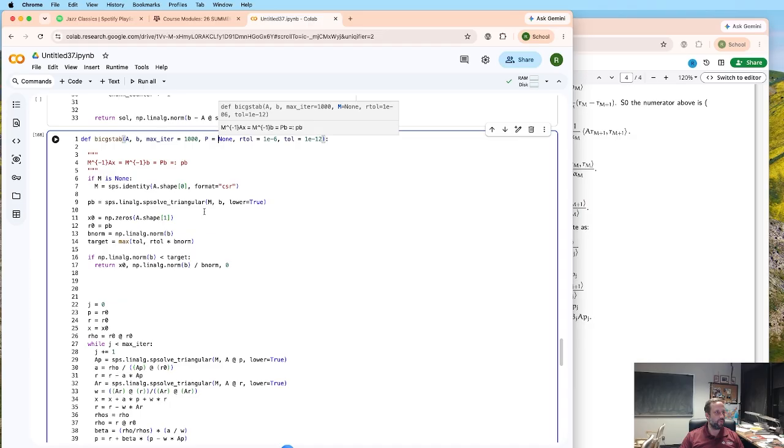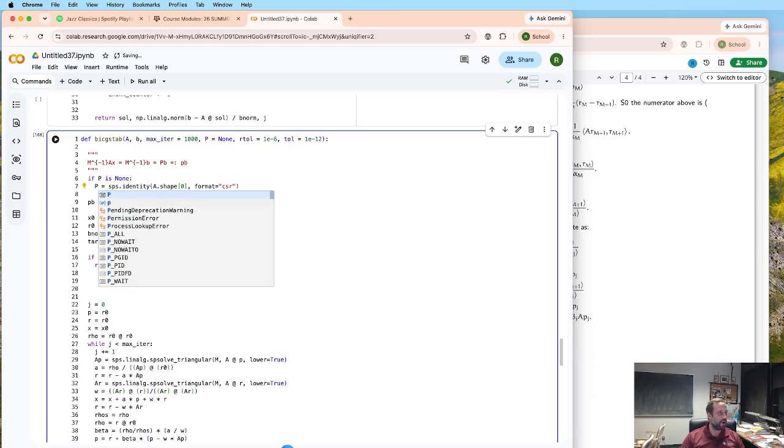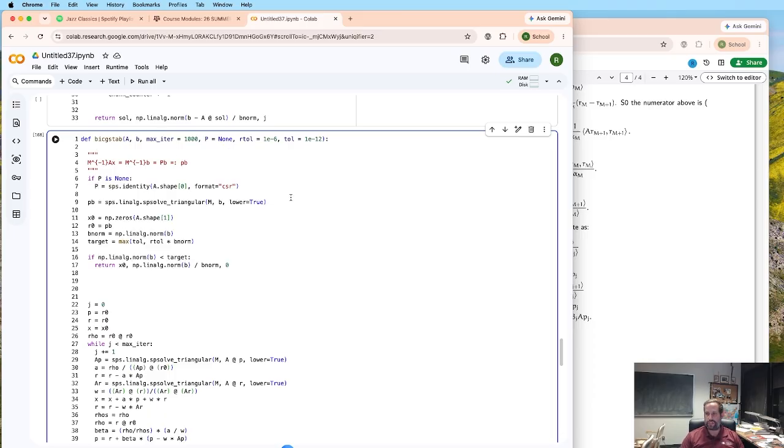We're going to forget what that means for now, but we'll just note that in the algorithm here, the preconditioner is just going to be P times whatever. So everything's going to be a lot easier. Whenever we do A times X, what I'm saying is we're applying the BiCGSTAB method to PAX equals PB. Okay, so now PB is going to be equal to P times B.